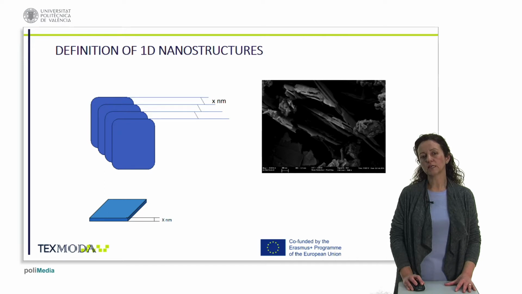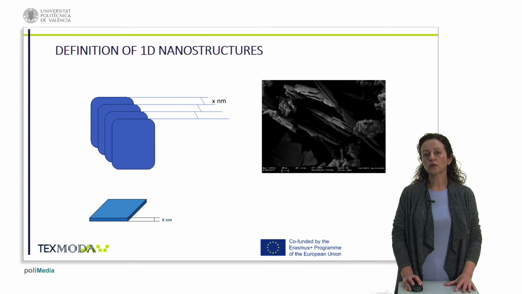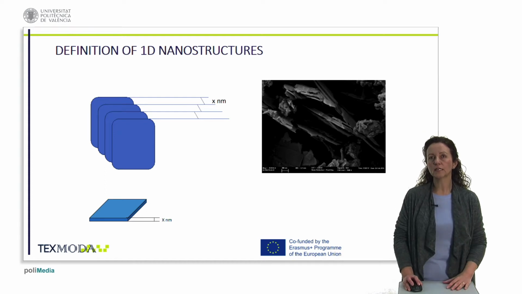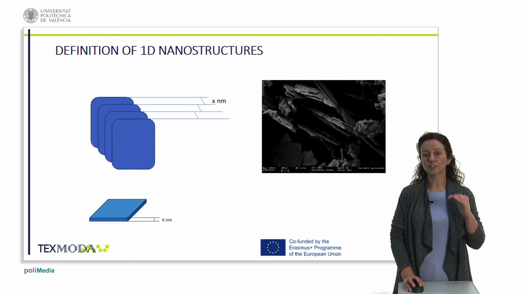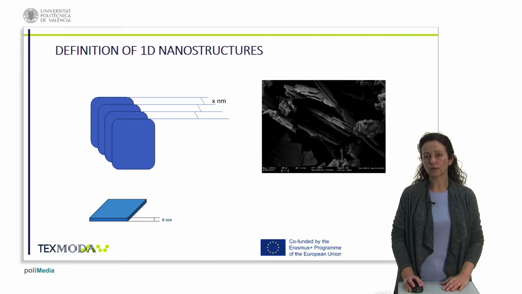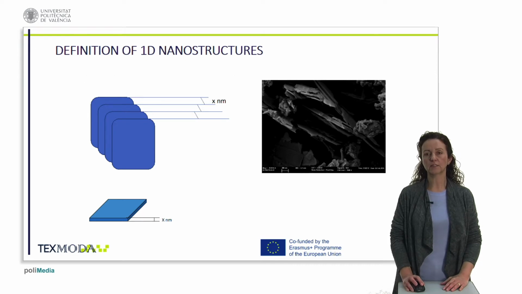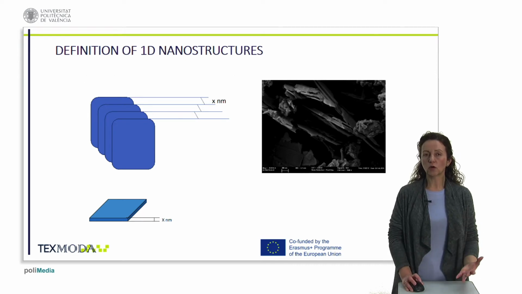In this image, we can observe both. We've got different sheets or layers of a product which have a nanometric width, but also the distance between the different sheets could be nanometric, as we can observe in this part, right? So this is what we call 1-dimension nanostructures.